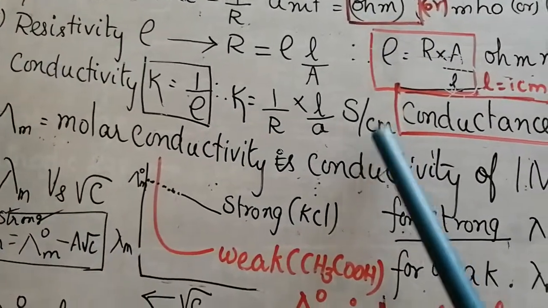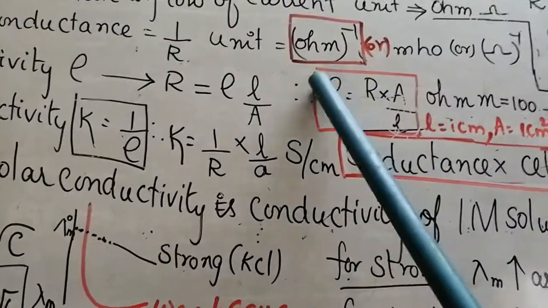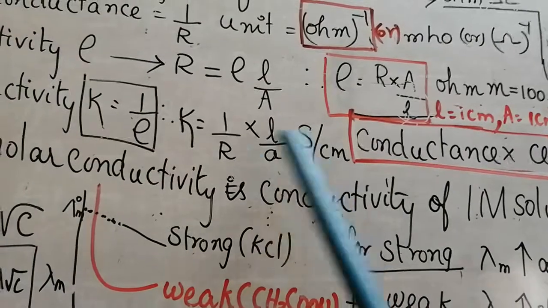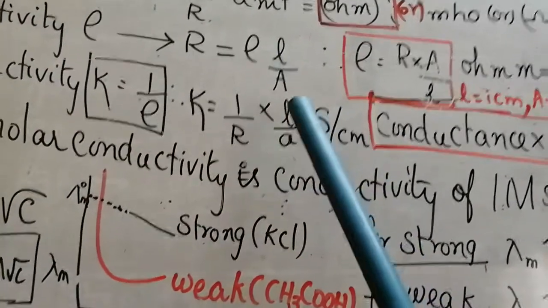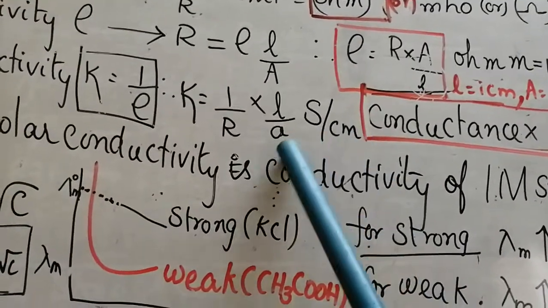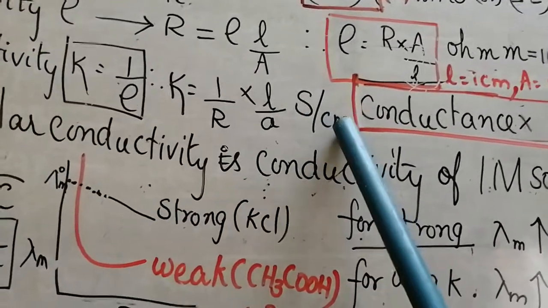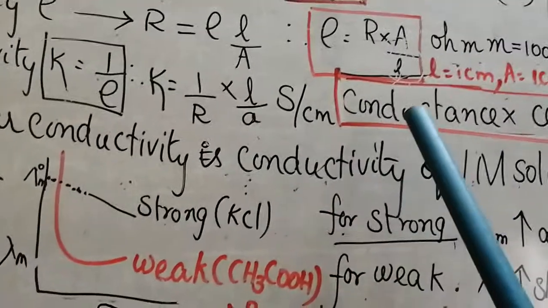What is Siemens? Siemens is nothing but mho, or ohm power minus 1. So 1 by resistance is 1 by ohm, that is Siemens, multiplied by L by A, where centimeter is in the numerator and centimeter square in the denominator, so cut it and you write Siemens per centimeter.